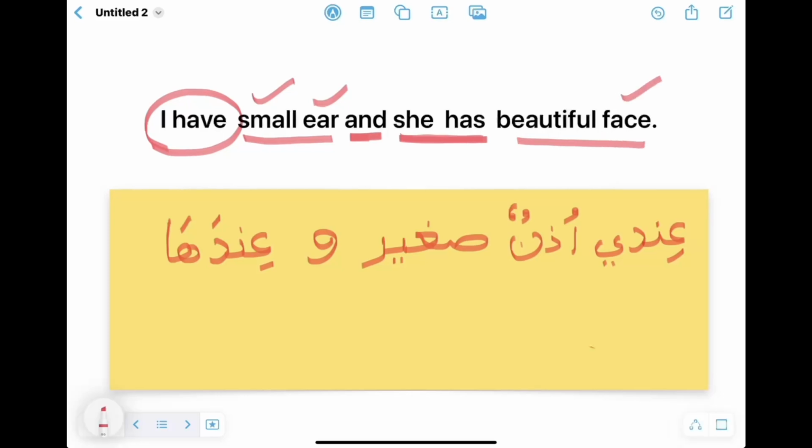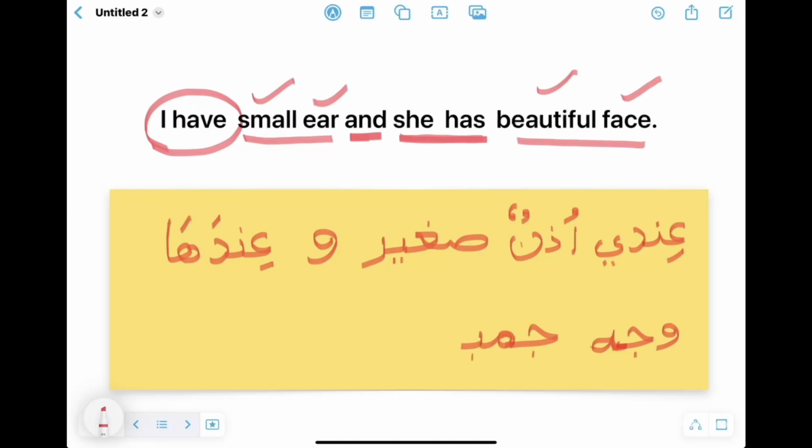What is face? Wajh. So waw is not connecting. That's why we are not connecting the waw and jim. Okay. Wajh. And then beautiful. What is beautiful? Jamil. Circle head. Meem.